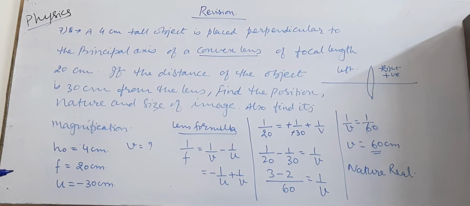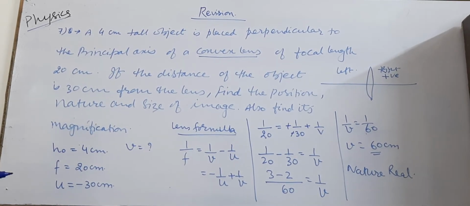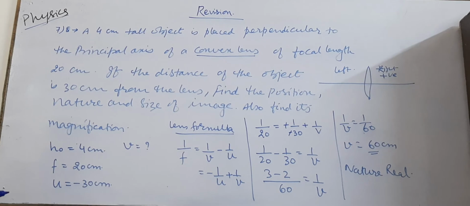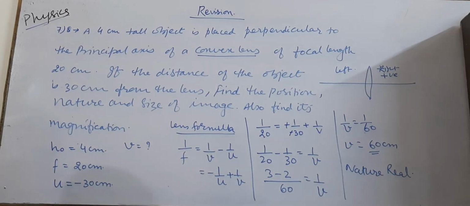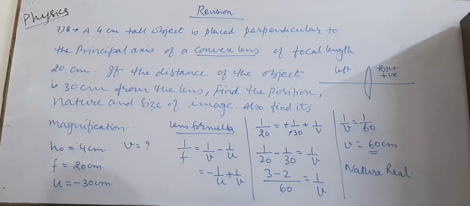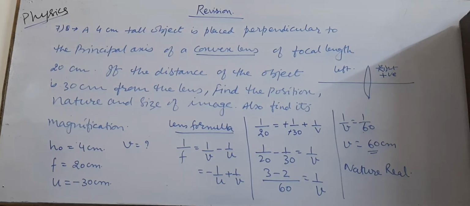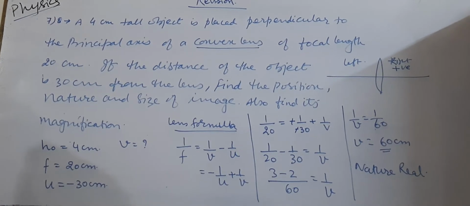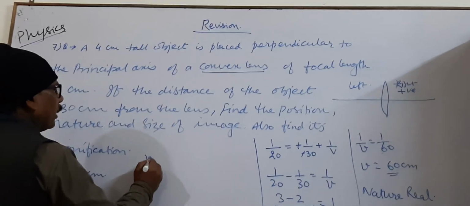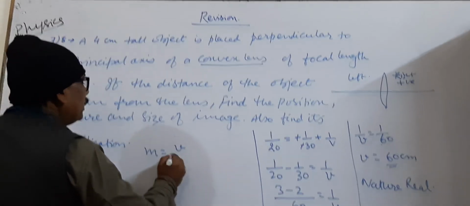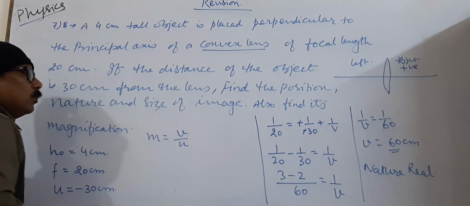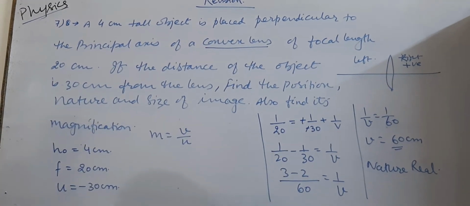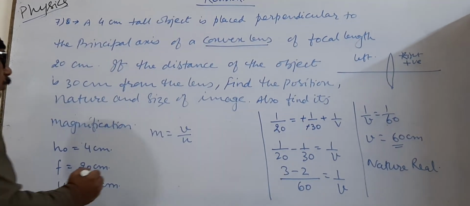For this, first you have to calculate the magnification. First you note down this. Now magnification is equal to v by u. Formula of magnification is v by u.